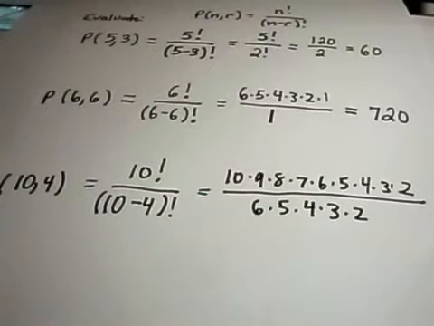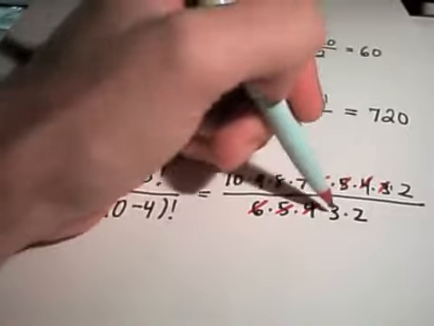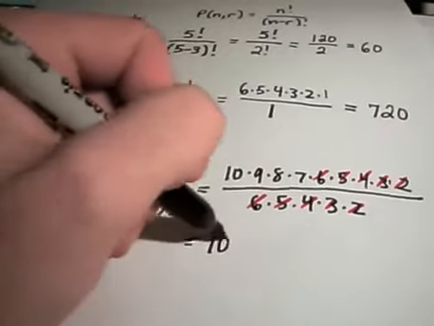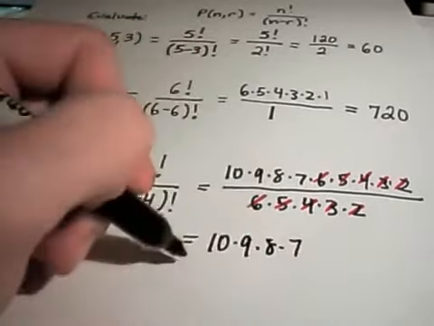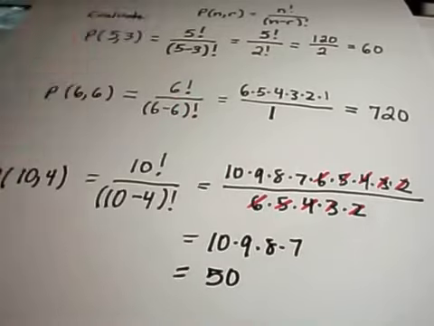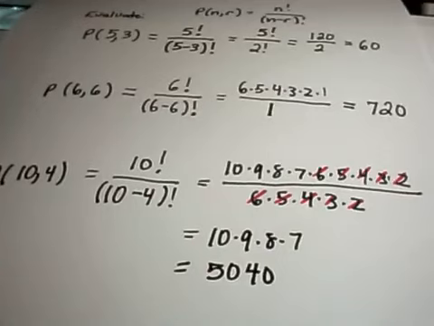Well, you can actually cancel out the 6's, the 5's, the 4's, the 3's, and the 2's. So all we're left with is the top part, which is 10 times 9 times 8 times 7, and this number turns out to be 5,040.